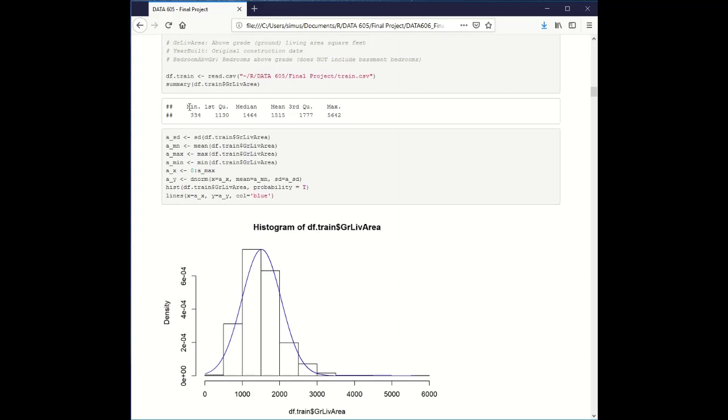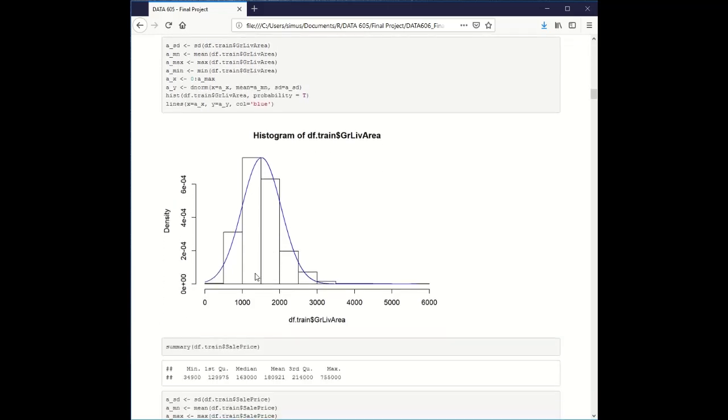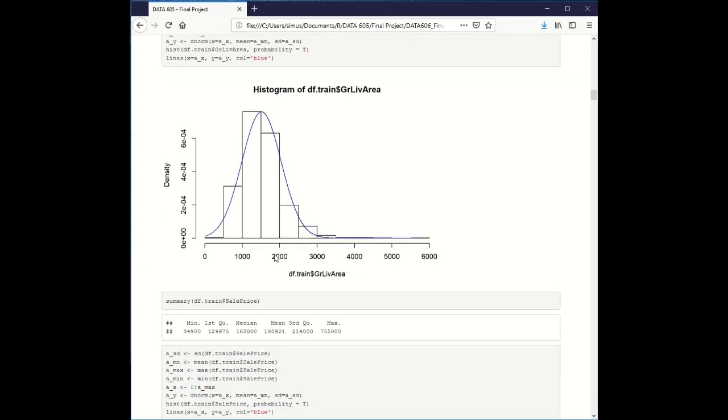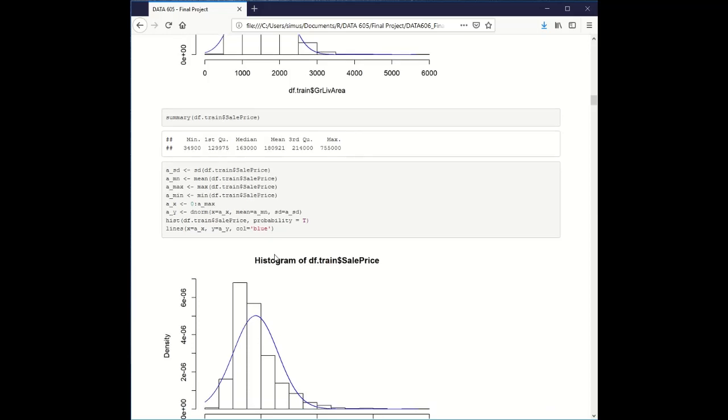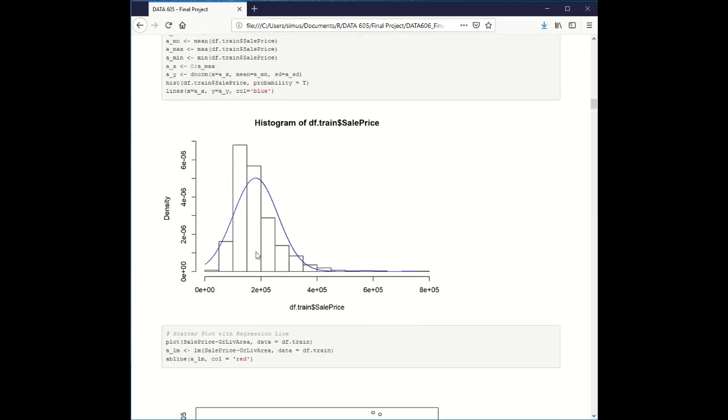I'm just doing a basic summary on the variable, and then showing a histogram for the values and superimposing a blue line of what the normal distribution might look like. Then I do the same thing, a summary and a histogram with the normal distribution comparison, for the sale price variable.